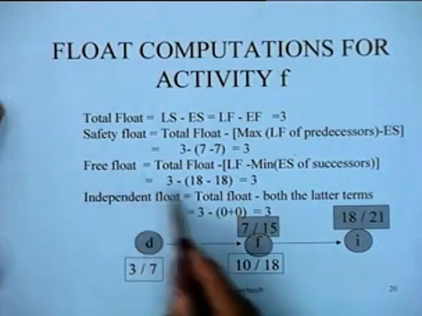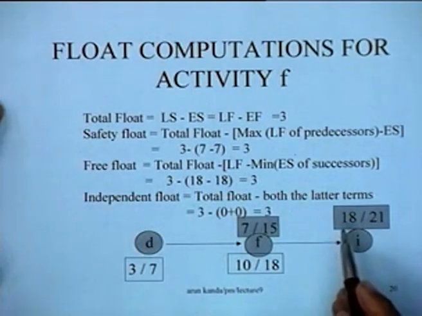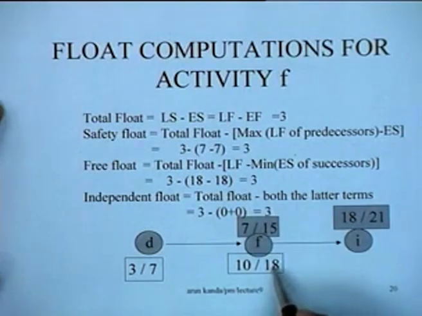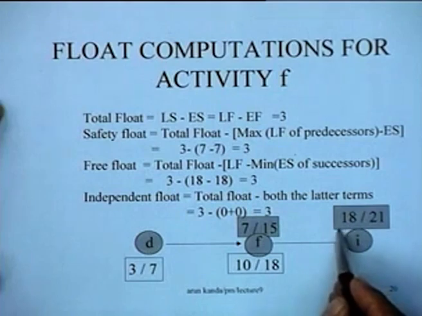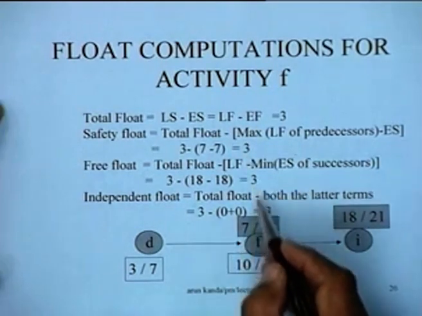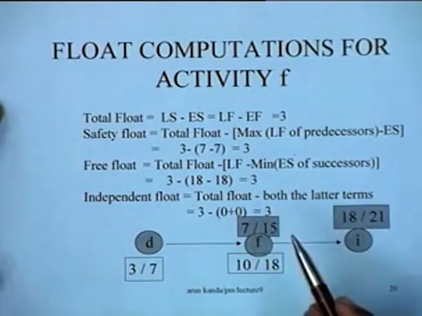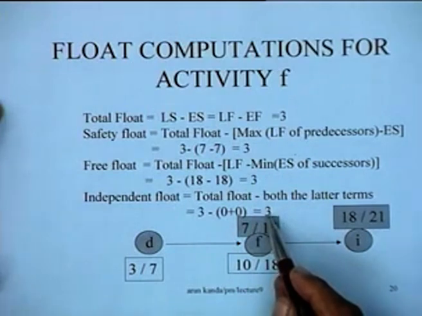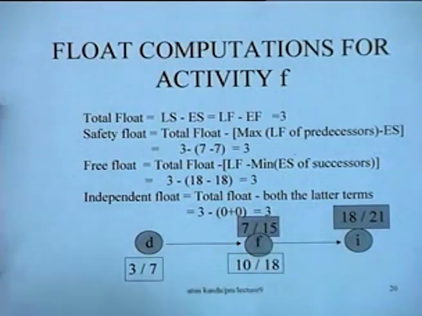The free float will be total float minus latest finish. The latest finish of this activity is 18, minus the minimum of the early start of successors, and there is only one successor, so this is 18, so this is 3. So all the four floats in this particular situation come out to be equal, as shown here.